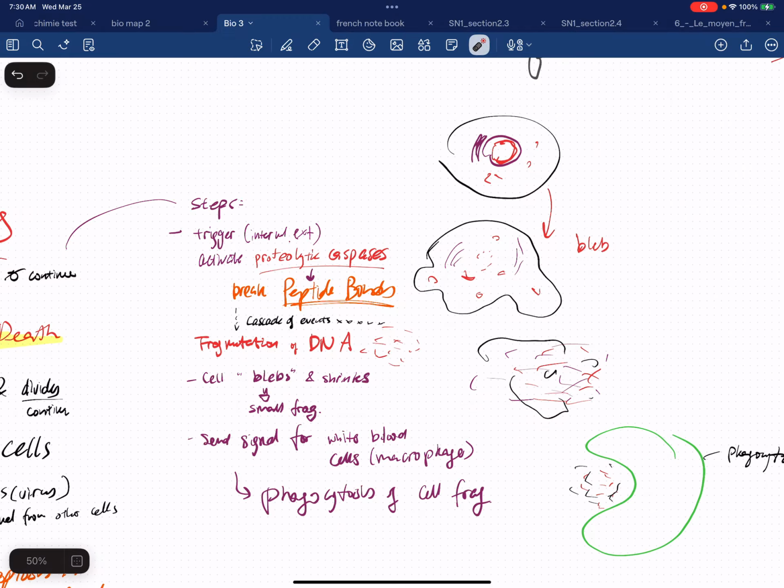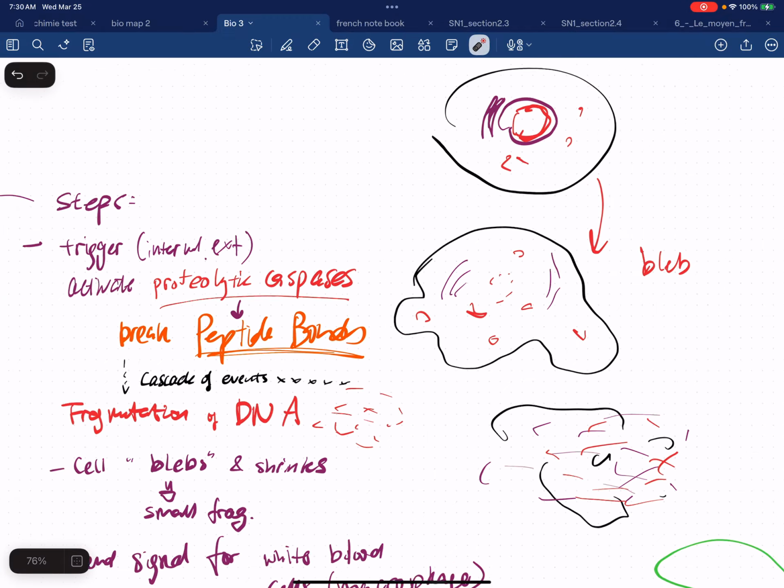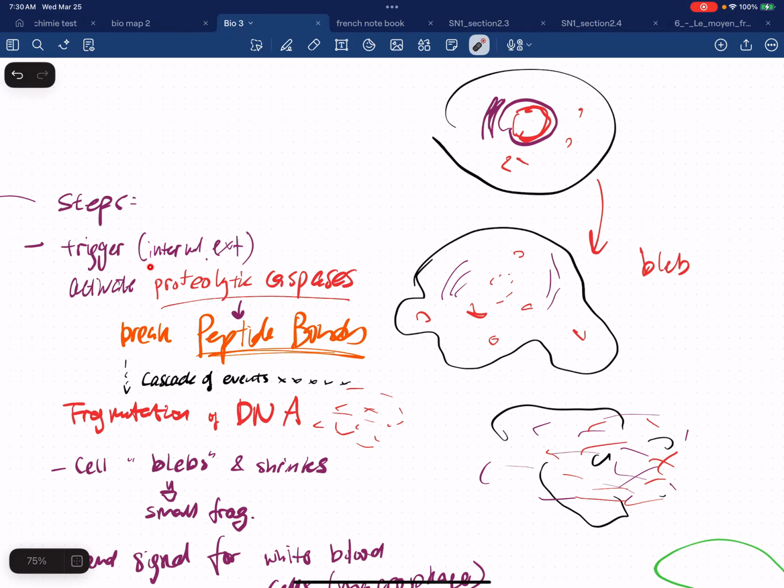So what happens if they were triggered? The process of apoptosis is that they will be triggered by external signals, and they will activate proteolytic caspases. They will break peptide bonds, which are the protein bonds.